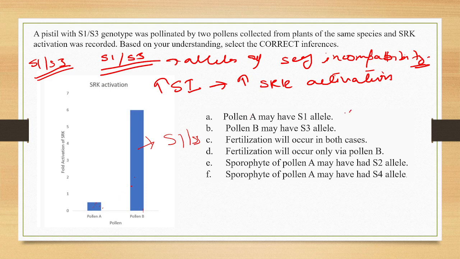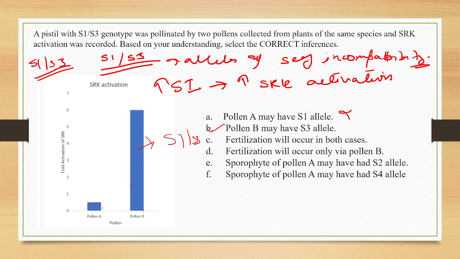No, because the SRK activation is very less, which means self incompatibility is very less, which means the genotype of pollen A cannot be S1. Pollen B may have S3 allele, highly likely, because if pollen B has S3 allele and the pistil also has S3 allele, self incompatibility is very high, therefore SRK activation is very high, as we can see from the graph.